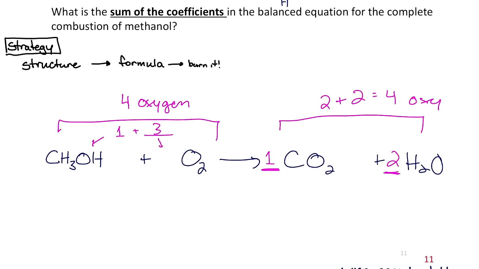What coefficient do I need in front of it? It's not 1, it's not 2, it's 1.5. Yeah, so it's actually 3 halves. I need a coefficient of 3 halves in front of that oxygen, because each oxygen molecule gives 2 oxygen atoms, so 3 halves times 2 equals 3. That's how I get 3 oxygen atoms.